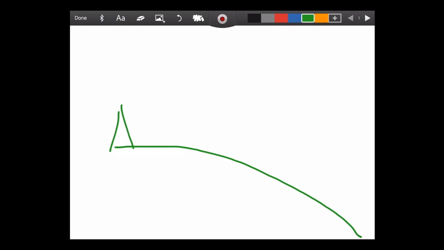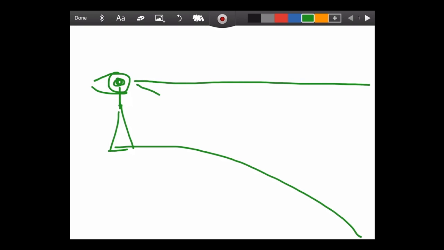Now, if indeed the Earth was curved, like so, and we were on a mountain here, and this would be our eye level, this would be level, and this would be the angle drop to our horizon.